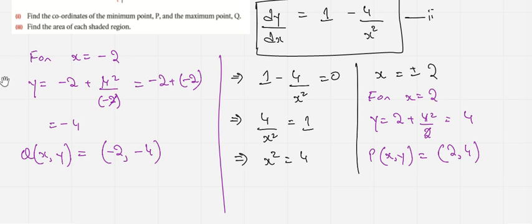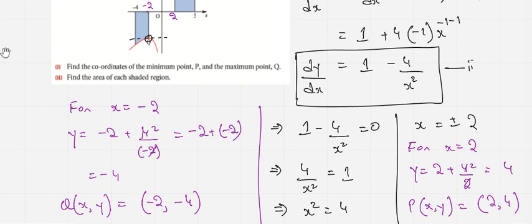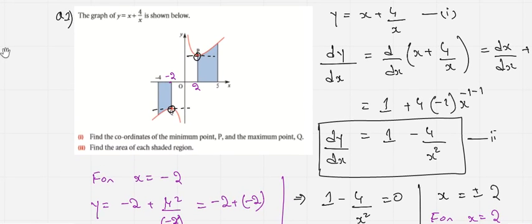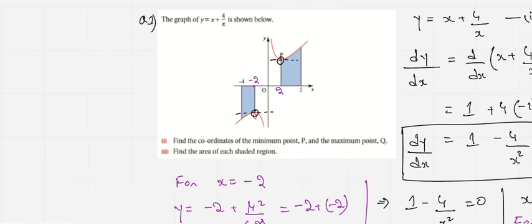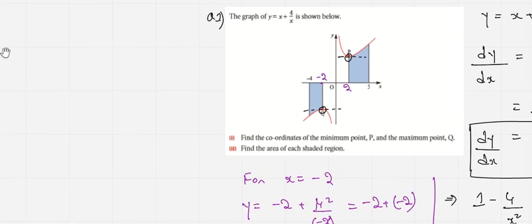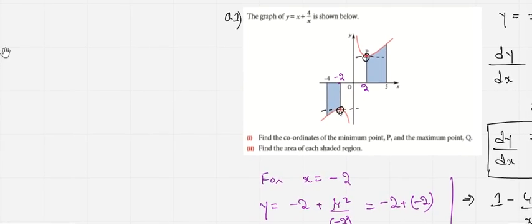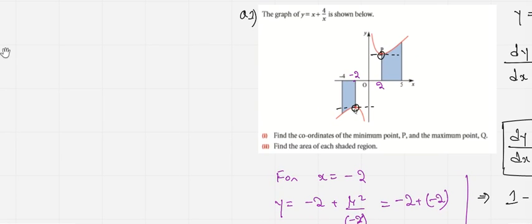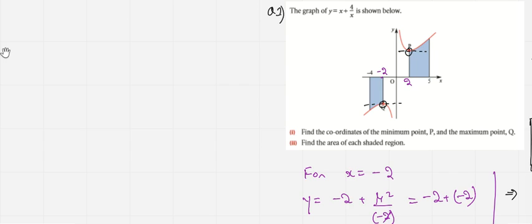I hope it's clear. And these x coordinates are definitely going to help you in your next part, because we need to find the area of each shaded region here. They are just asking us to find individual shaded regions' areas, not the total area of the shaded region. So first of all, we find the area of this narrow region, and then the area of this broader region, one by one.